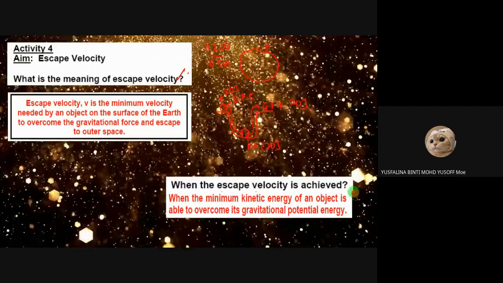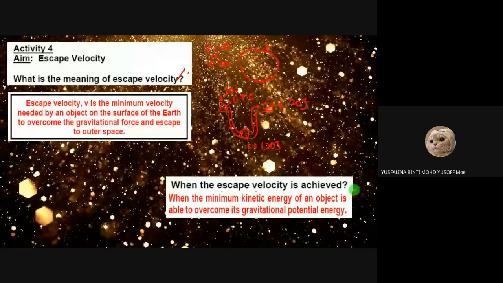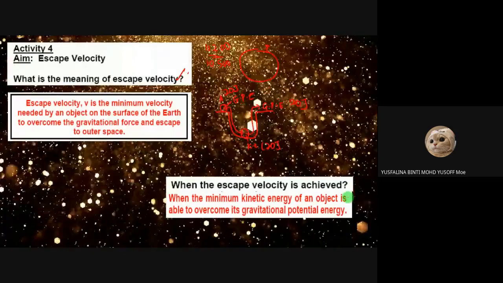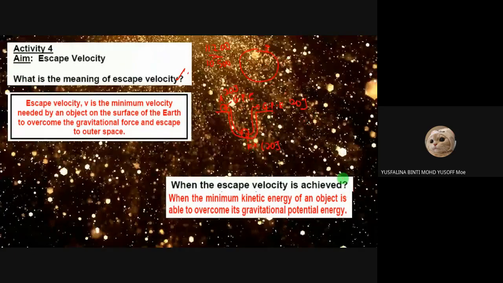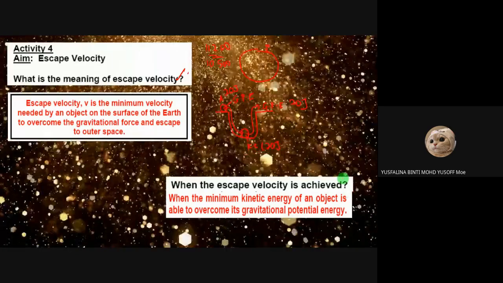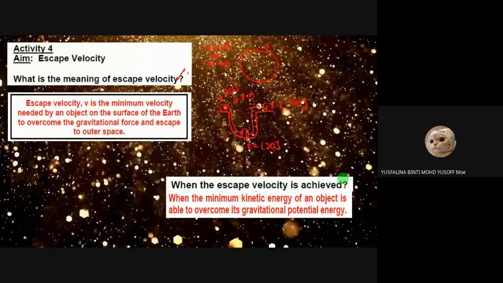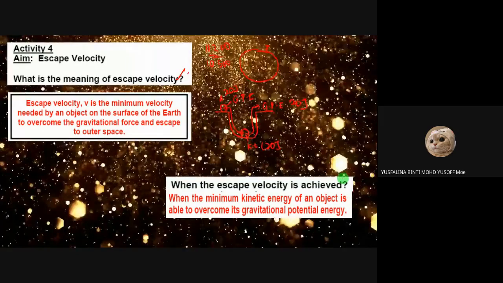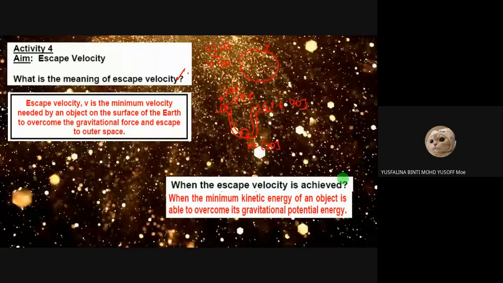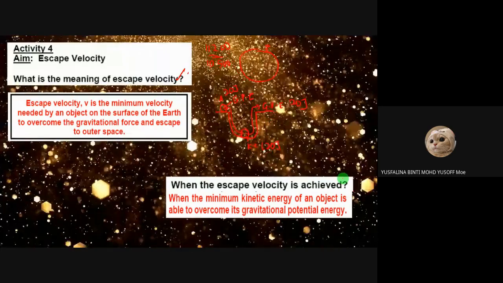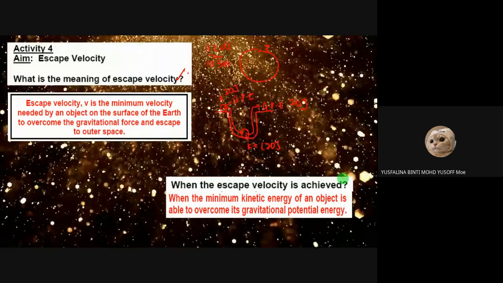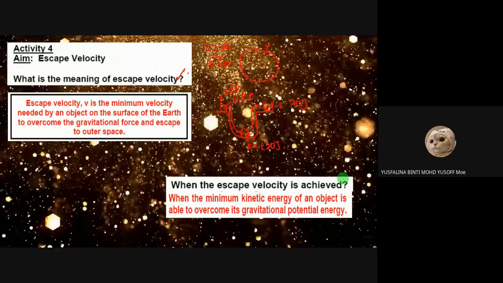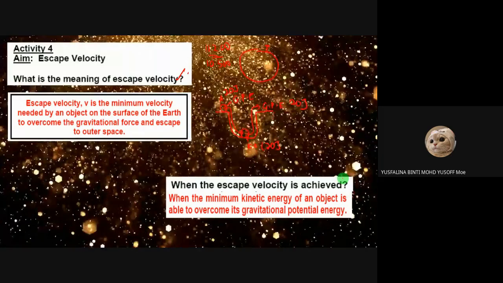So you can conclude that energy cannot be destroyed, it can only change form. It is the same here: the gravitational potential energy changes to the kinetic energy, when the minimum kinetic energy of an object is able to overcome the gravitational potential energy.